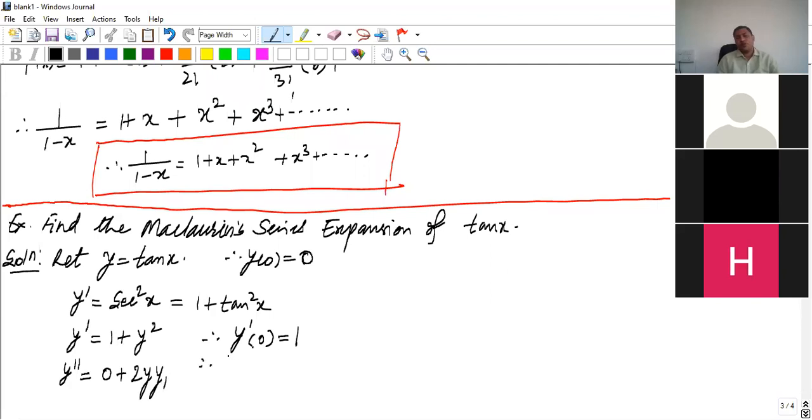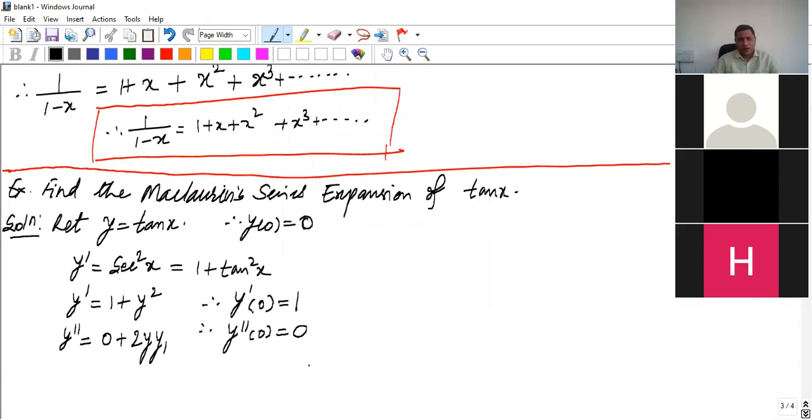And hence, what is the value of y double dash at 0? y is equal to 0, so this product goes to 0.